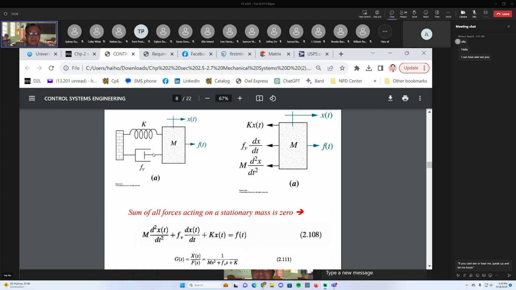And all these mechanical systems usually sit on, or are tied to, some kind of platform. Hence, we got this. It's in our interest to figure out the transfer function of a system like this, where the input is the force exerted on the mass, and the output is the displacement of the mass.